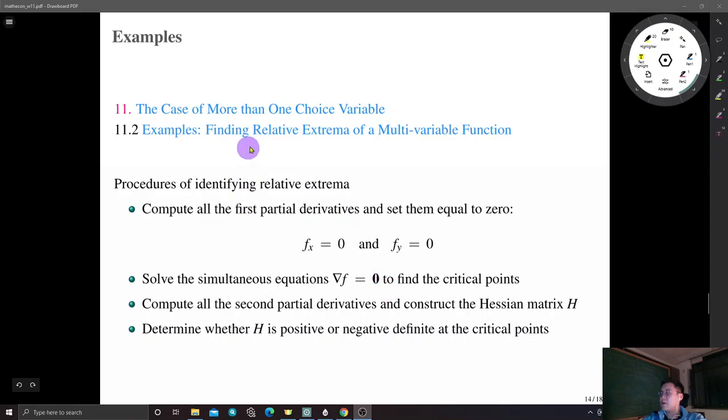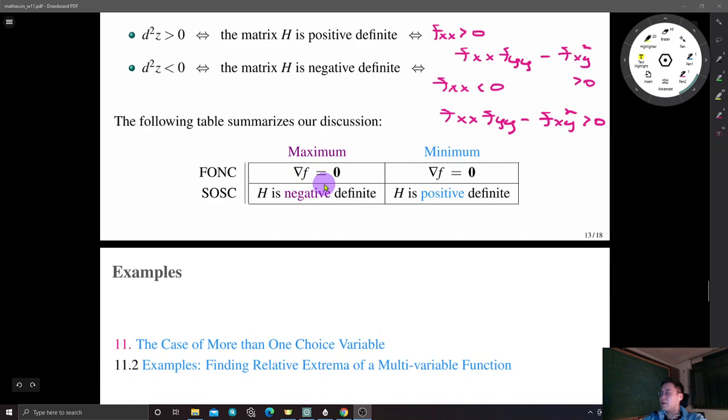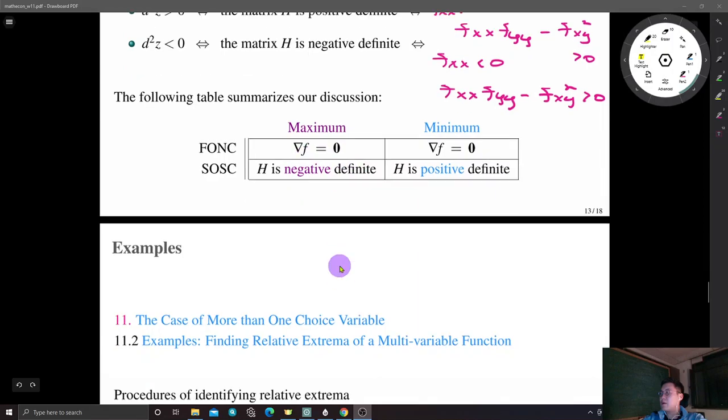Now we are going to find the relative max or min based on the theory we discussed in the previous video. The first step of identifying relative max or min is we start with partial derivatives. Remember the first condition: the two partial derivatives, or three partials, depending on the number of variables, we have to set them equal to zero.